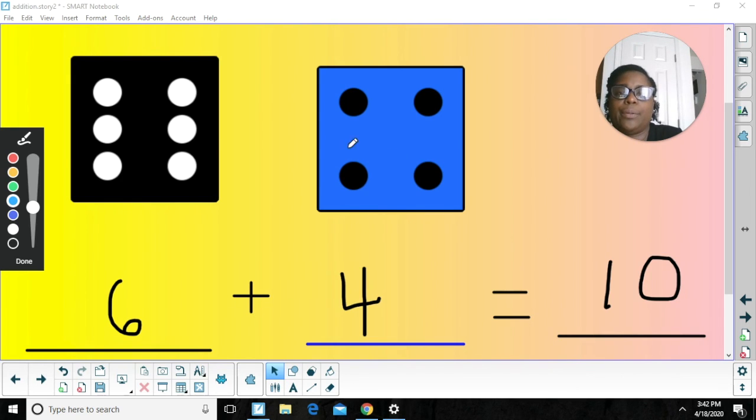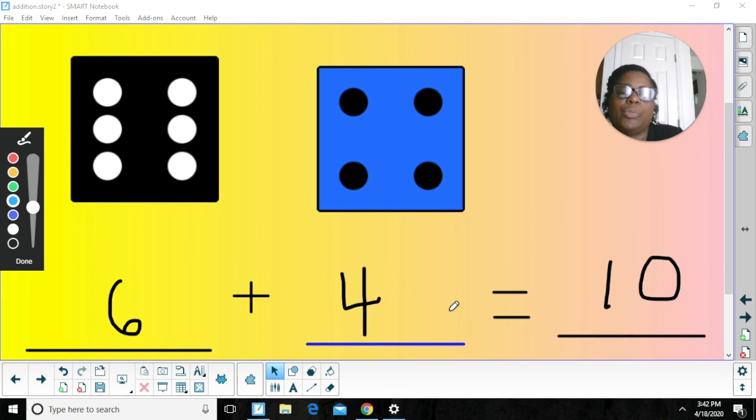And we did that up here. We added these two together when you used your counters to push those groups together. What is this symbol called? Your equal sign, right? And it always comes after your plus sign, okay? And this is called your sum, which is your answer to your addition sentence, okay?